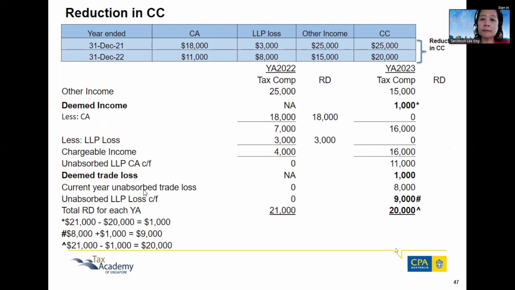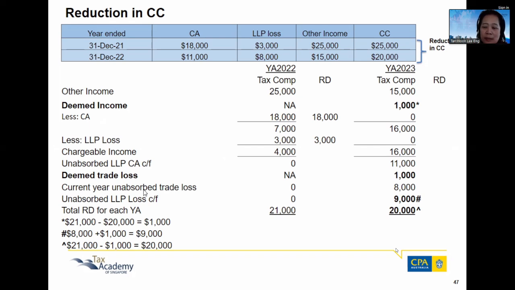So we over-gave the deduction, so it becomes a deemed income. It works in such a way. You will have a deemed income, and correspondingly there will be a deemed trade loss, because this is indeed a trade loss. So the current trade loss of 8,000 is added to the deemed trade loss, and in total there'll be 9,000 unabsorbed loss to be carried forward.